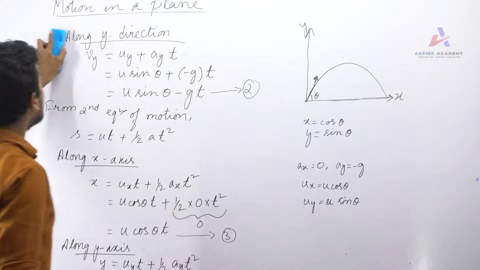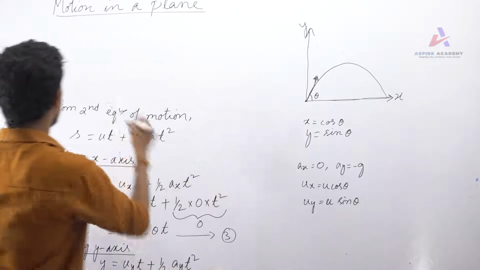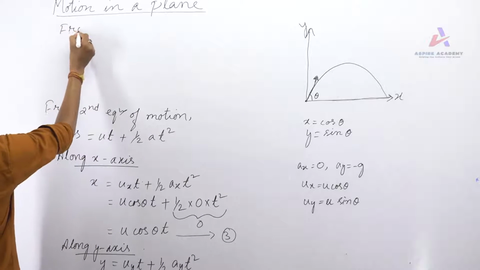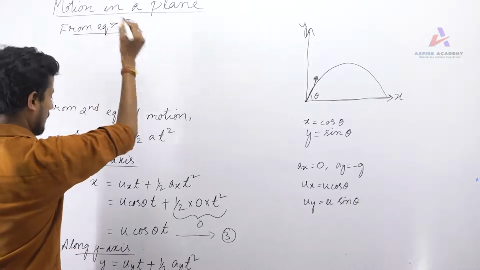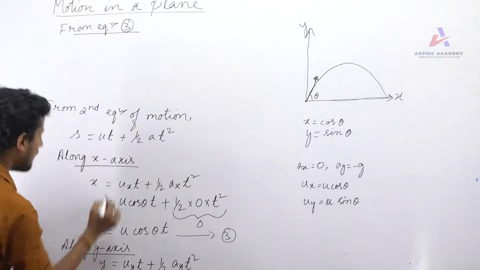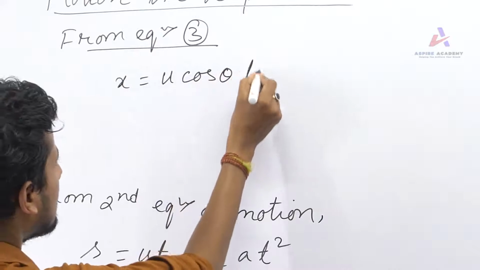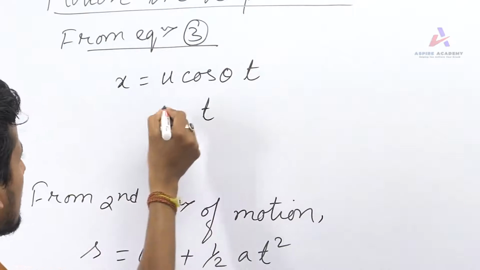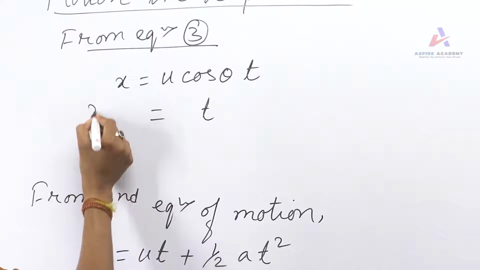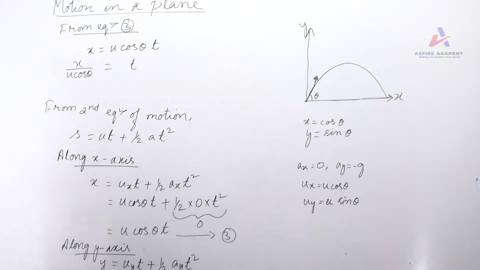Moving ahead, from equation number 3, what can we do? Equation 3 is x equals u cos theta t. We can find the time component, that is t equals x by u cos theta, and we substitute this value of t in equation 4.